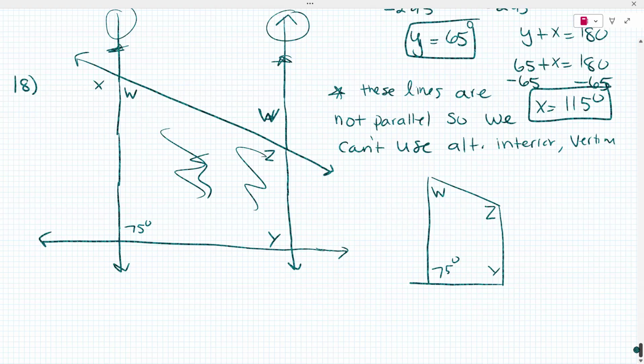Oh, I forgot. Sorry. This was also given right here. This was given 80 degrees. So that was going to be helpful. So if this is going to be 80 degrees, what else could we say?